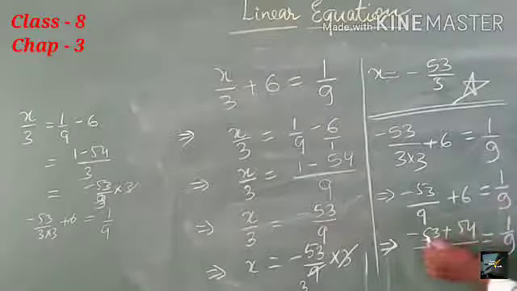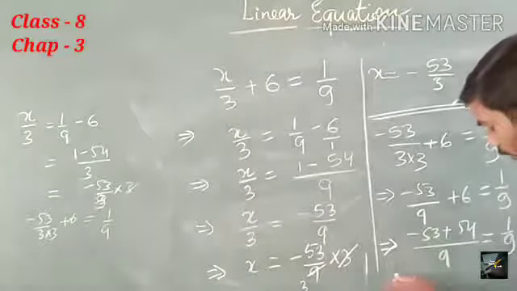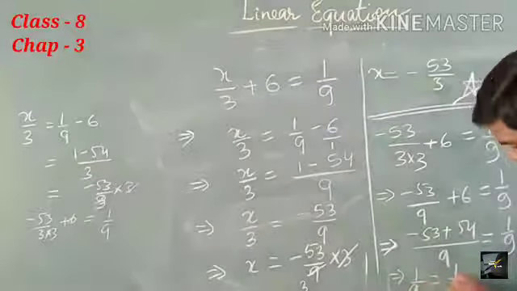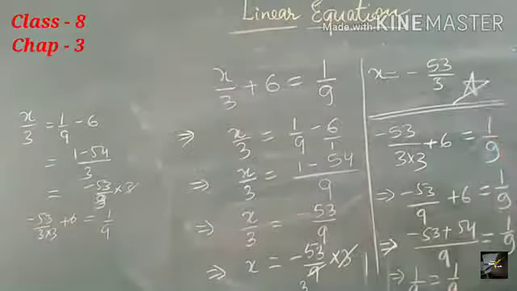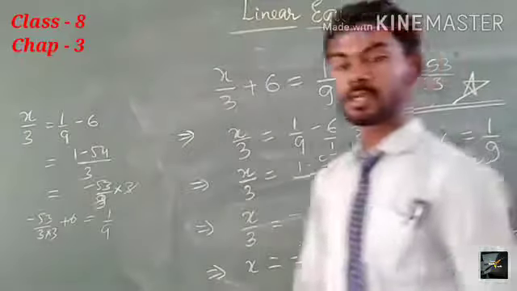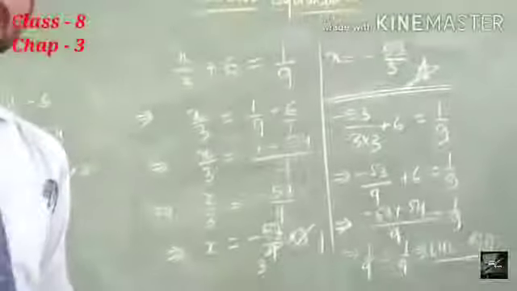So 54 minus 53 equals 1. Therefore we get 1 upon 9 is equal to 1 upon 9, which implies that left hand side is equal to right hand side, which shows that our solution is true.